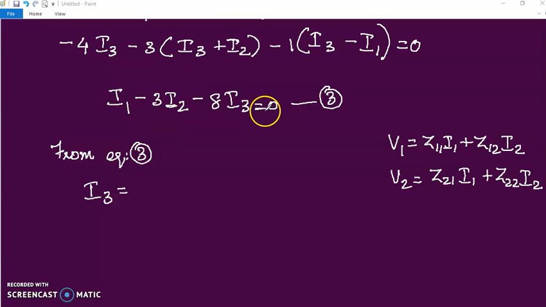From equation 3, I3 is equal to 1 by 8 I1 minus 3 by 8 I2. This will be equation number 4.